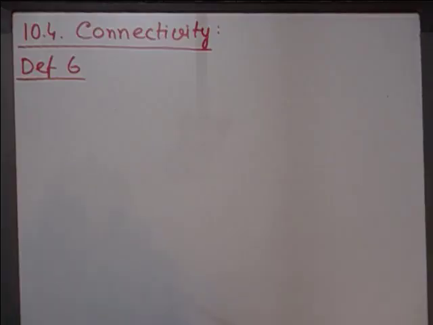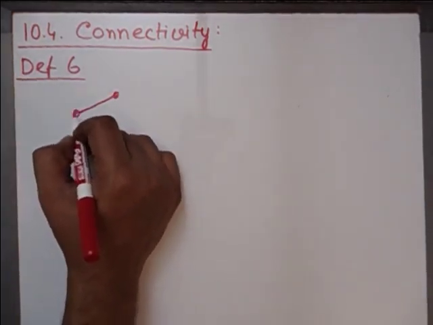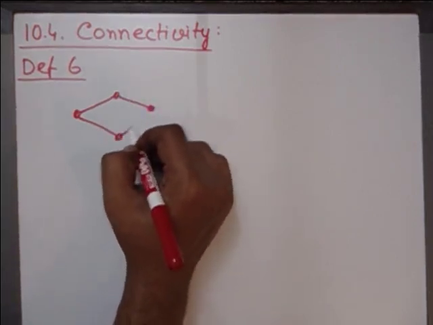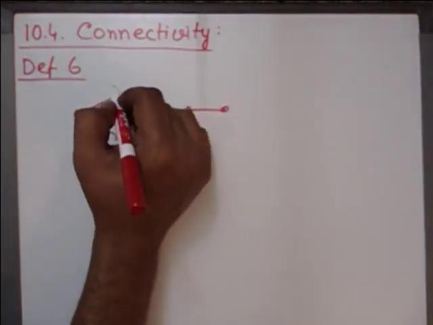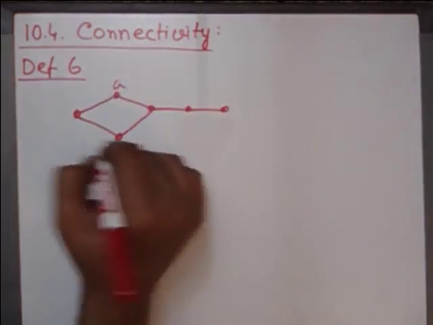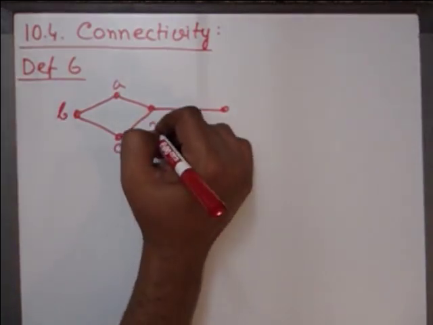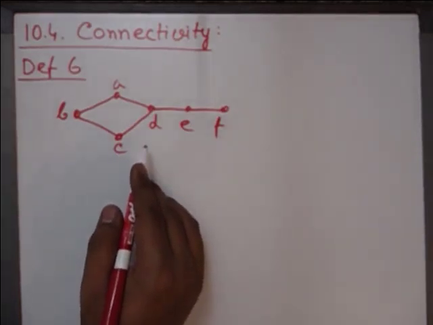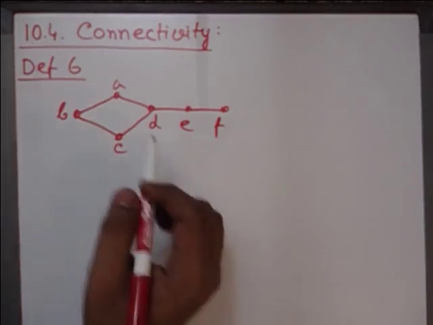Let's take an example like this one. So this is a graph G. What would be a path of length 3?